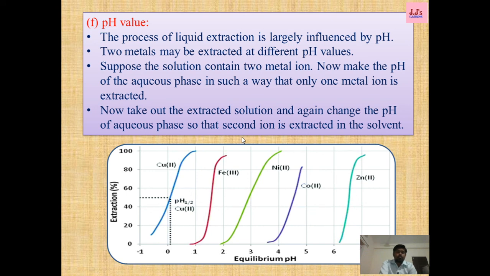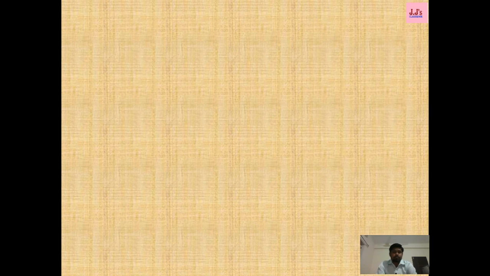Similarly, if you want to extract cobalt, then the pH will be 4.8. For nickel it is 4.2. For iron it is 2.2, and for copper it is approximately 1.0. By adjusting the pH of the solution in this way, you can extract one by one all the metals from the aqueous phase.